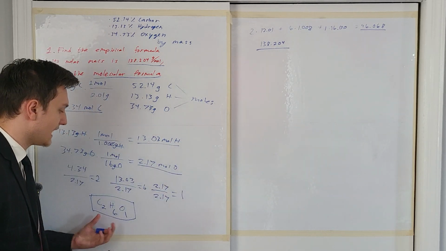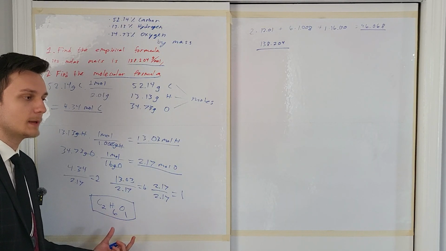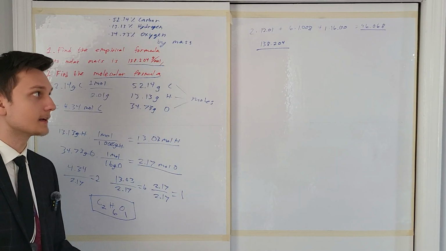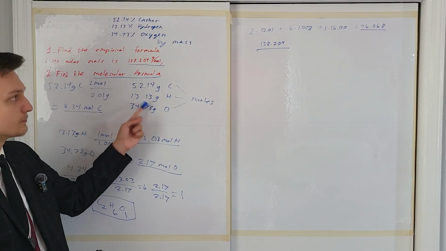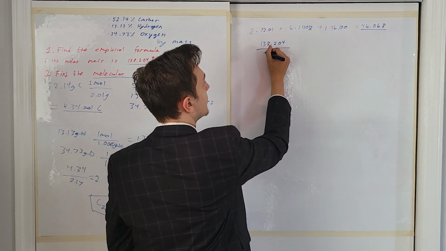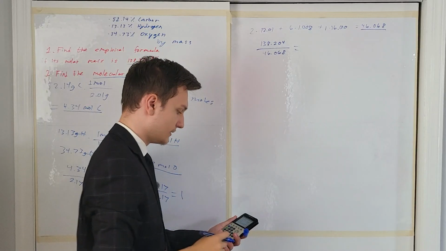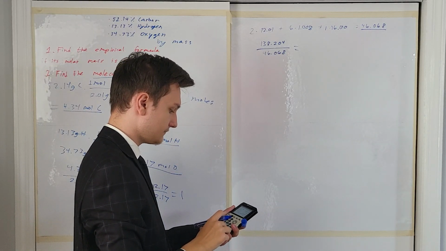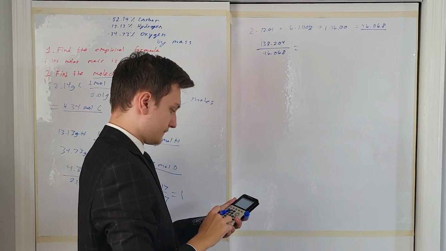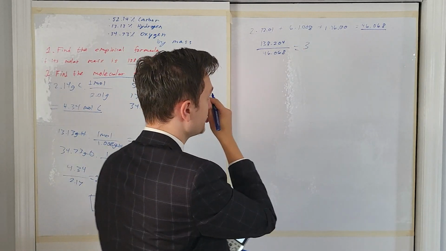Because the atoms can only exist in this ratio. So how many times do I need to add this ratio of atoms in order to get my big molecule? 138.204 divided by 46.068. And I'm going to do that in my calculator. And I get exactly 3, okay?